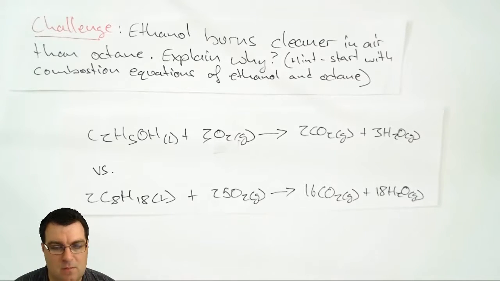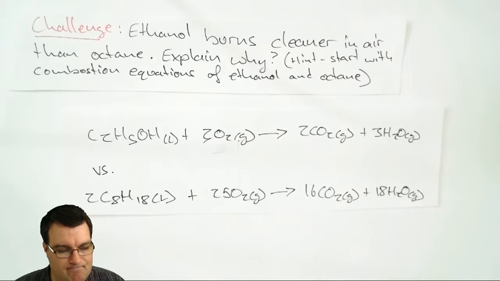Now, this problem is compounded even further when we look at the products of incomplete combustion of both of these fuels, with octane producing far greater quantities of carbon monoxide and soot particles than what ethanol can produce.